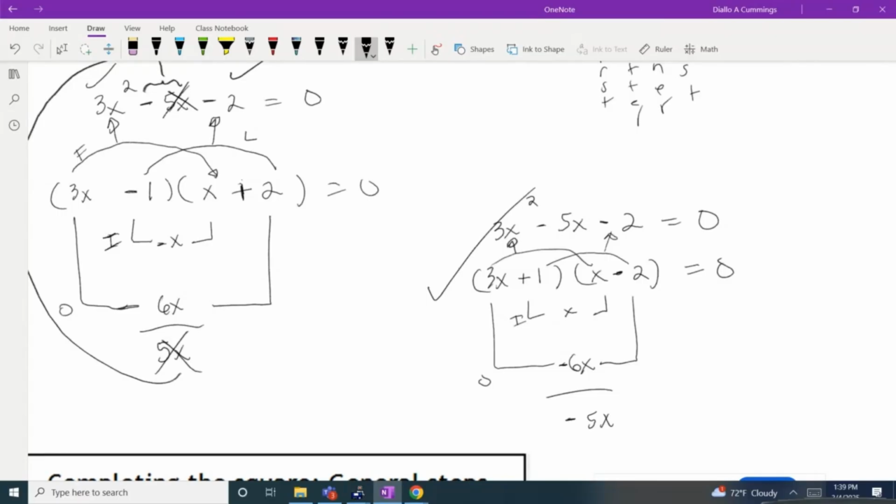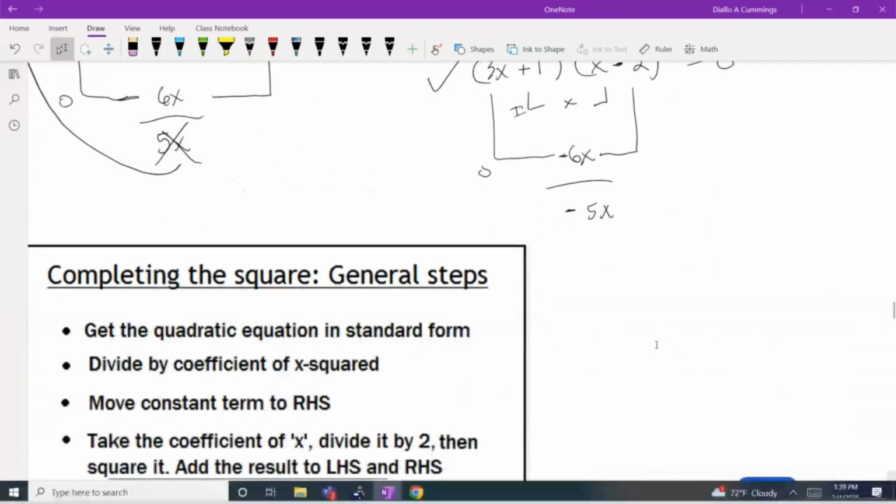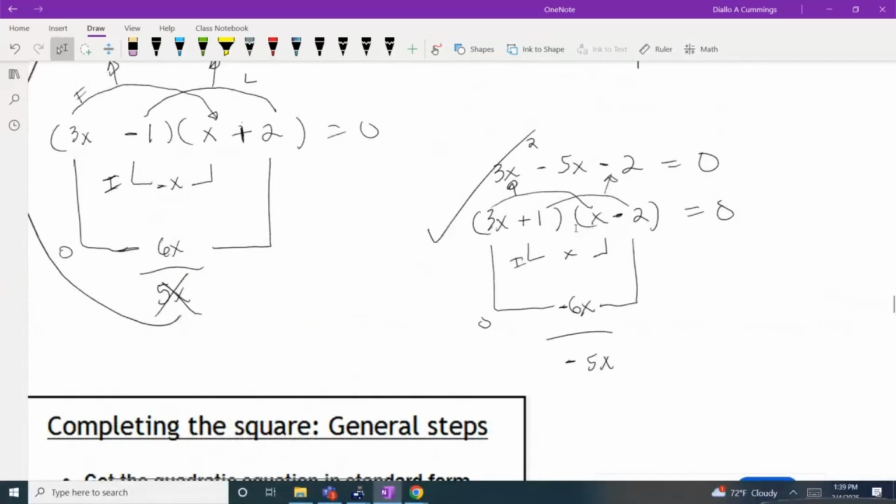And this is the correct factorization. All right, so getting the first and the last terms is easy. But getting the middle term, sometimes you may have to use a little bit of trial and error.